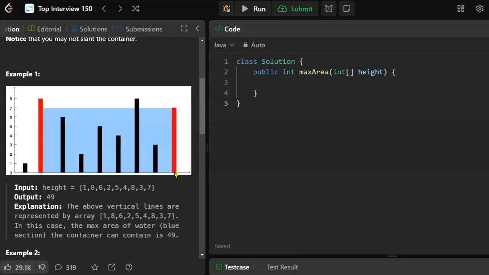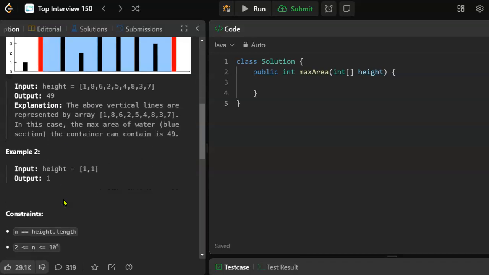We can compute the area by taking the smaller of the two lines, which is the 7, and then the width between them, which we compute by subtracting the left-hand index from the right-hand index. In this case it is 1, 2, 3, 4, 5, 6, 7. So 7 times 7 is 49.